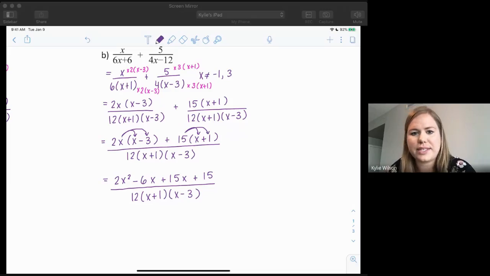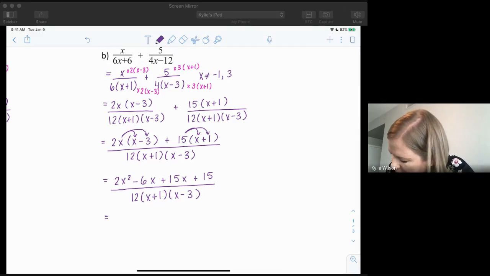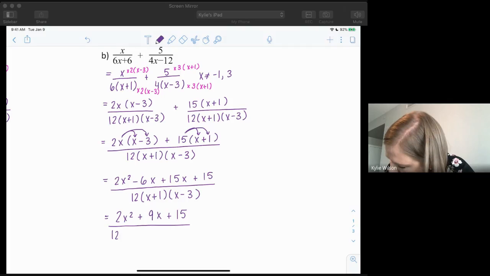So far, so good? Okay, and now we can try to factor. We'll combine the top: 2x squared plus 9x plus 15 all over 12, x plus 1, x minus 3.